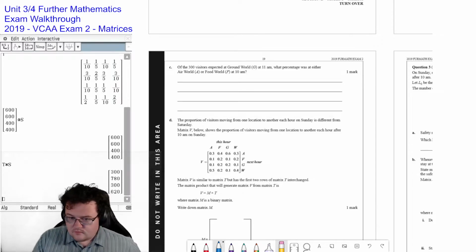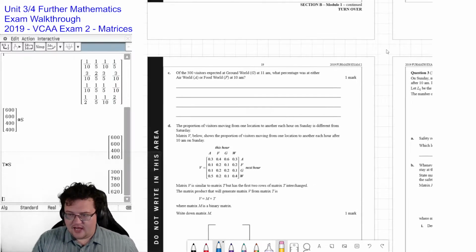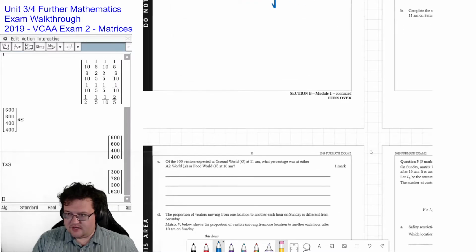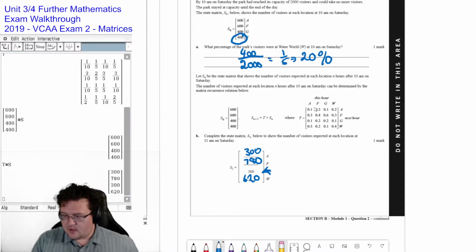So we need to go back and we need to look at our transition matrix. At G, the 300, Air World was 10% and Food World was 20%.